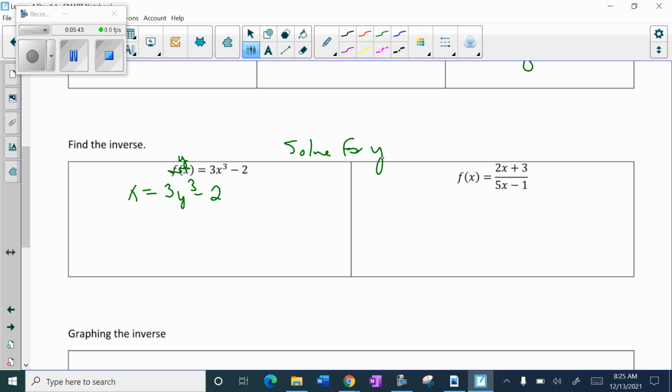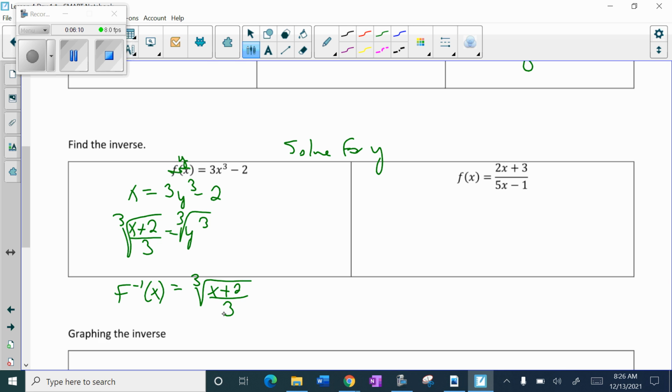Okay, so the first thing I'm going to do is add 2 and divide by 3. That's going to give us y to the third. And then we're going to have to take the cube root of both sides. So a lot of times for your answer for an inverse, you've kind of already seen this already. Instead of saying y, we're going to say f inverse of x. That's the fancy way of saying it. And this would be our answer.